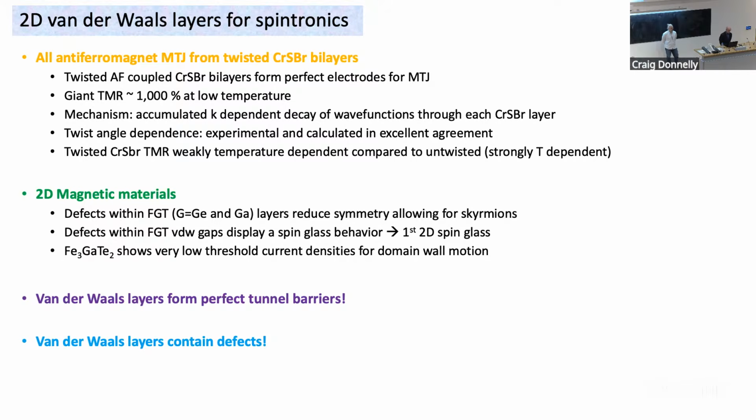Yeah, in those cases, we were moving domain walls. We were not making tunneling junctions. However, we have made tunneling junctions with FGT and tungsten diselenide as the tunnel barrier. And actually, we can see very high tunneling magnetoresistance from these layers. So you might expect these intercalated spins to influence, of course, depolarization, but we haven't seen that actually.